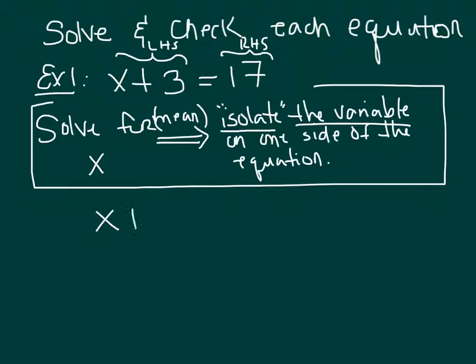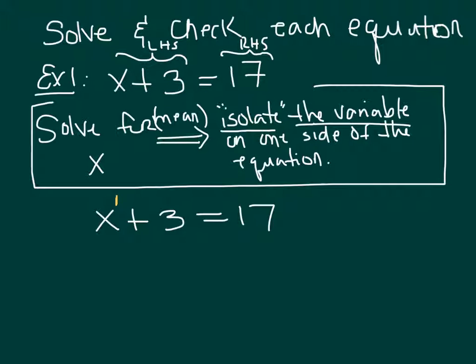So back to our equation, x plus 3 equals 17. Again, this is a linear equation because the highest power is 1. So where's my variable? My variable is right here, on the left-hand side, so I'll just keep it on the left-hand side. Let me say a couple of things again before I forget.